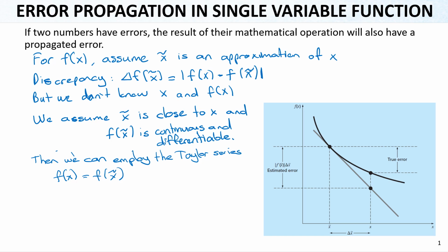We wanted to have the x i plus 1 value by knowing the true value of f(x i), but now we know the predicted value f(x tilde), so we will use that, and that's why the derivative will also be for x tilde, and the step size is x minus x tilde, plus the second term and the others of x tilde again divided by 2 factorial and x minus x tilde squared, and it goes to infinity.